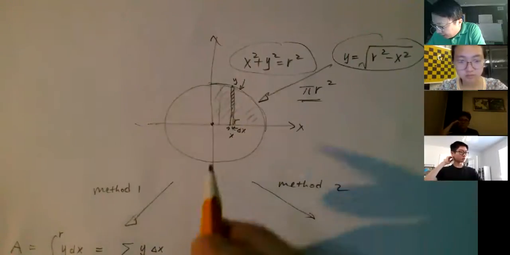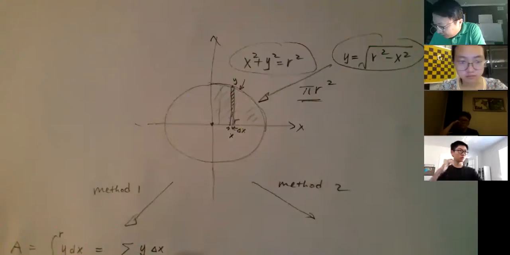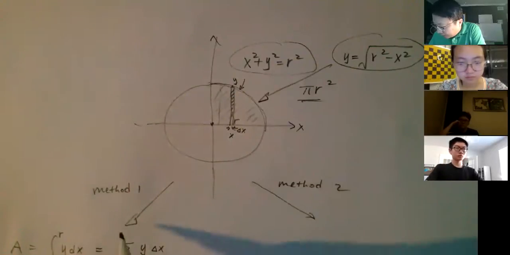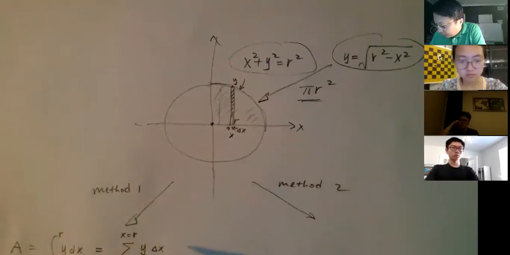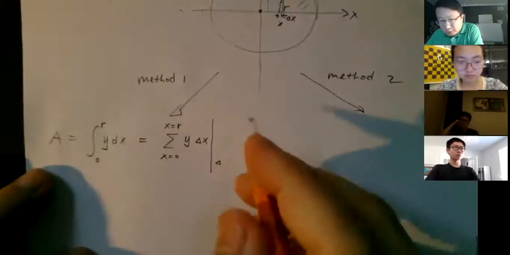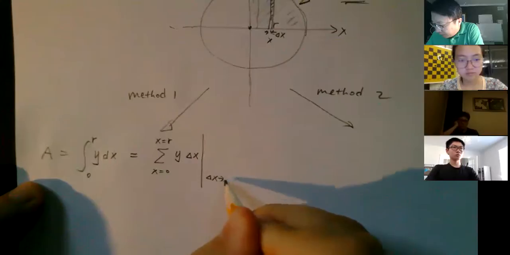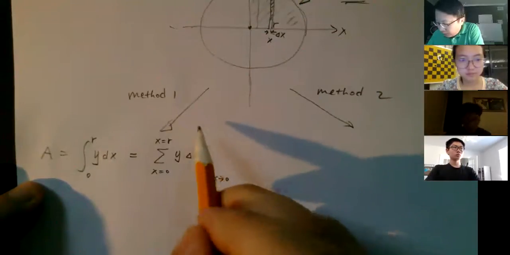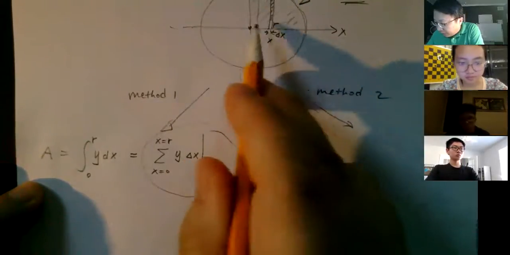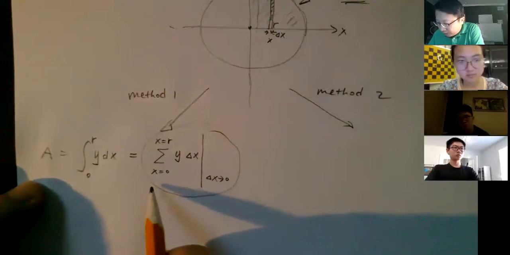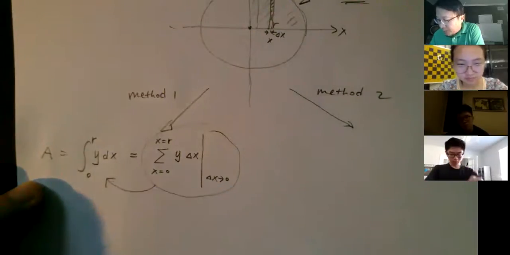Then you add all those pieces together from x equals 0 to x equals r. Of course, delta x has to eventually go to the limit 0 in order to be accurate. So that's your integral definition.